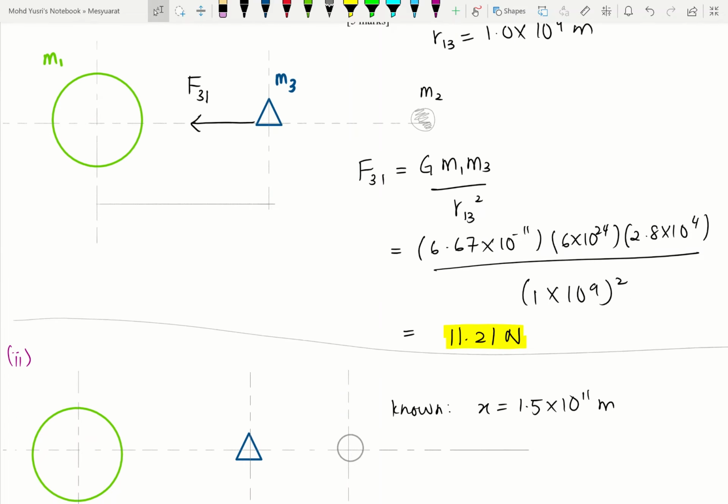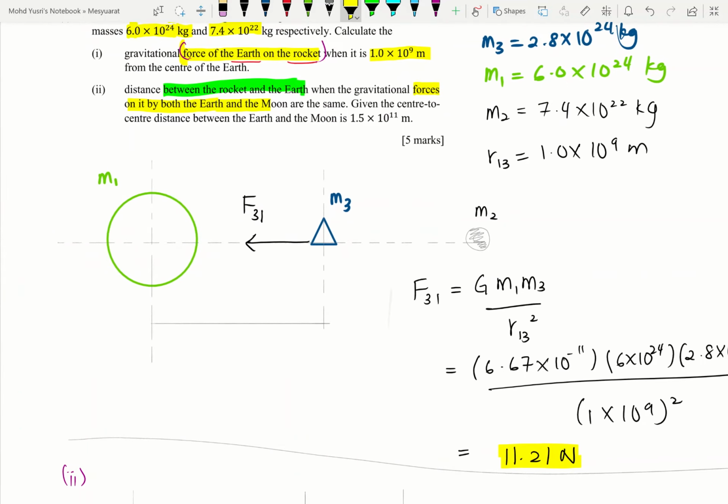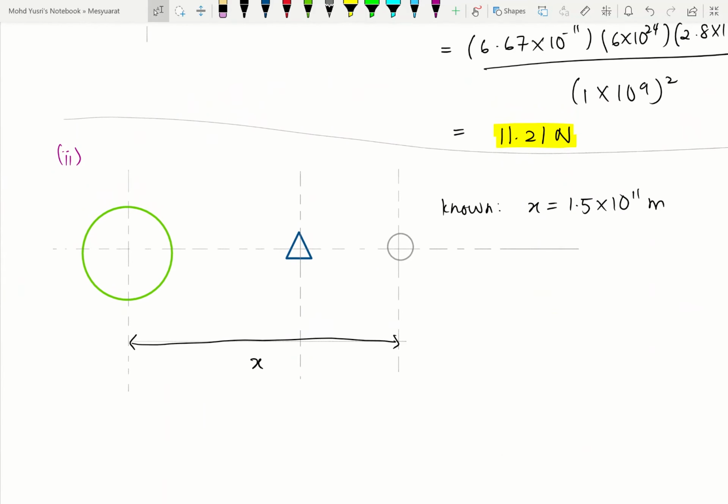Okay, so that is our known value for question number 2. Okay, and then we want to find the distance between the rocket and the Earth when the forces on the rocket by both Earth and Moon are the same. So the rocket experiences gravitational force by the Earth. So this is M1, M2 and M3.